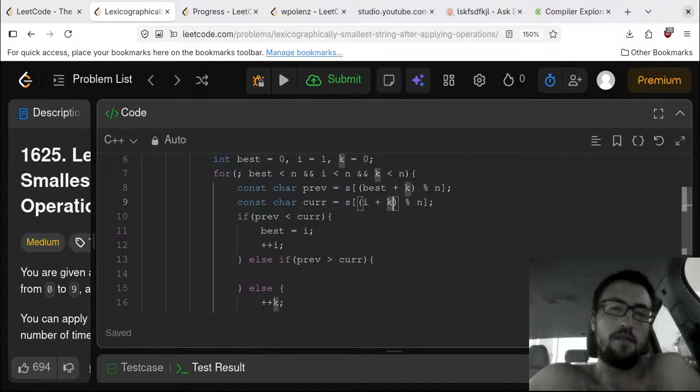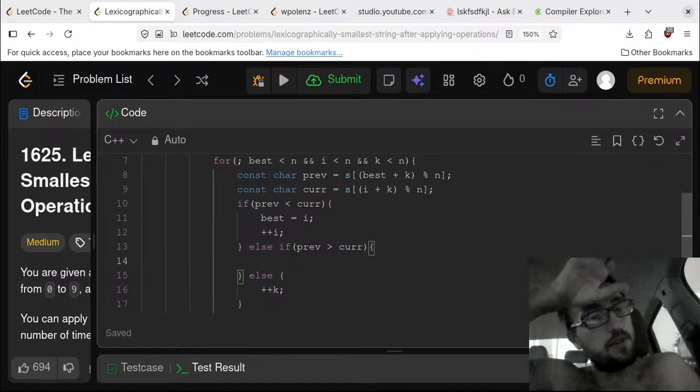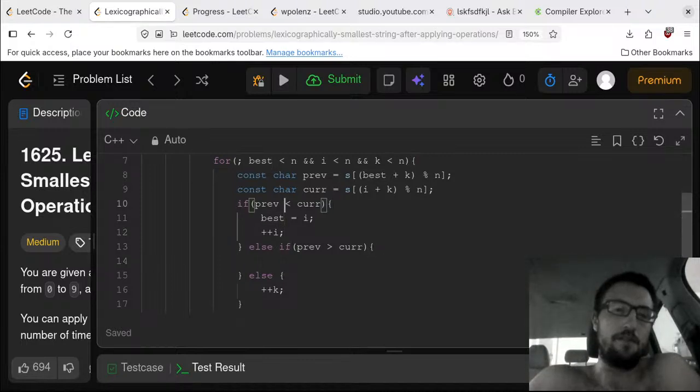Yeah, we actually keep k here, I think. Best equals i, and increment i. I think that's fine. Excuse me, it's the other way around.